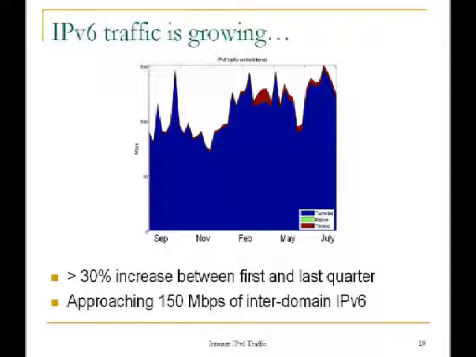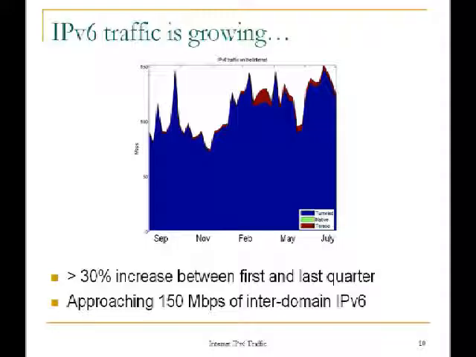The red is Teredo at the top, the little thin layer there. The good news is that if you take the first quarter and the final quarter of our measurement period, we see a 30% increase, and it's approaching 150 megabits at the end of our measurement period. So that's the good news.